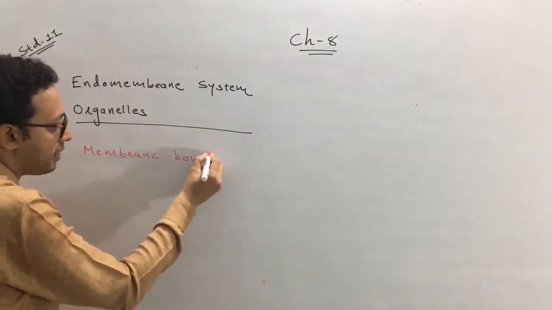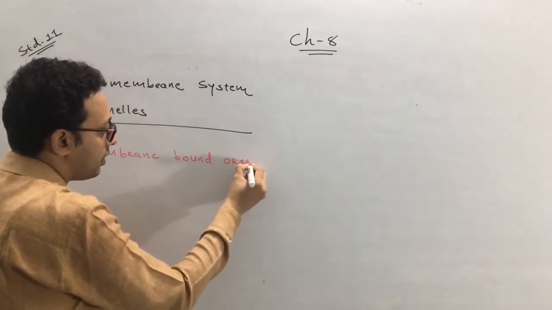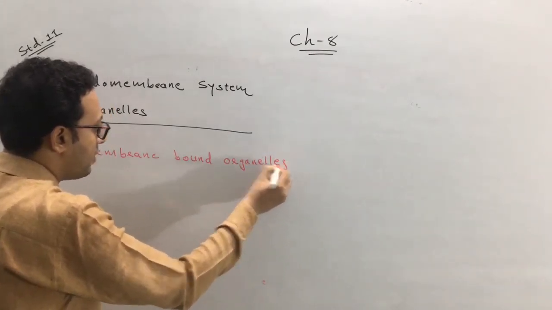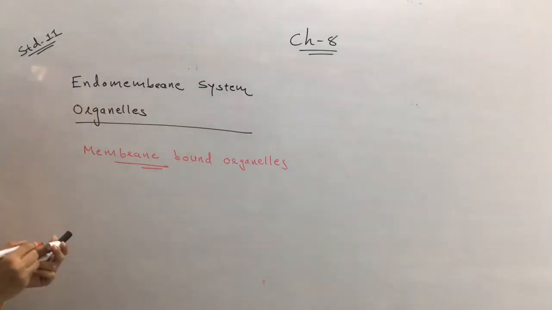What is the meaning of membrane bound organelles? Those organelles which are covered by a membrane are called membrane bound organelles.